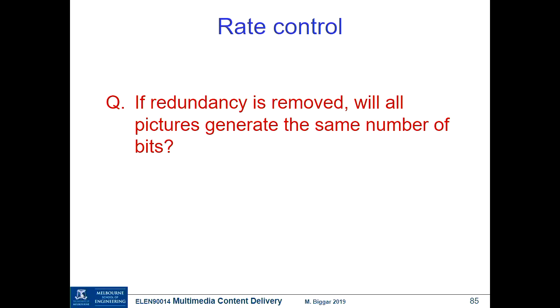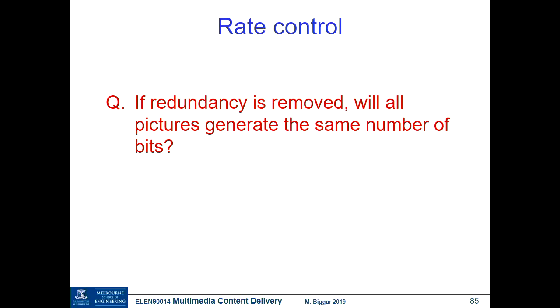Why not? Because the amount of redundancy will be different for different pictures. Some pictures will have more high frequency components than others.